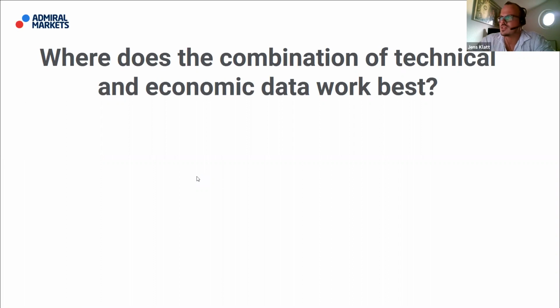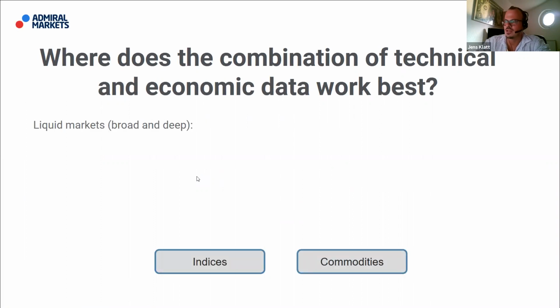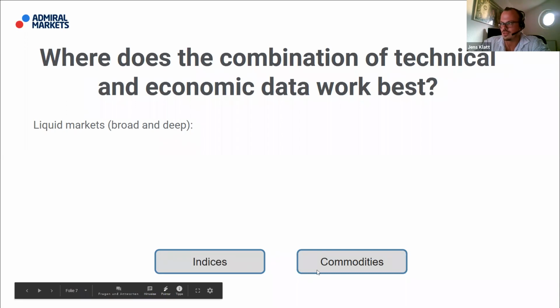So now the question: where does the combination of technical and economic data work best? In fact, I created a chart. So you can build it in a way where you say liquidity and broadness and deepness of markets is the lowest, most likely, in indices, and then slightly above that probably in commodities.